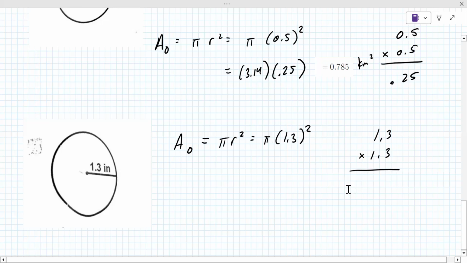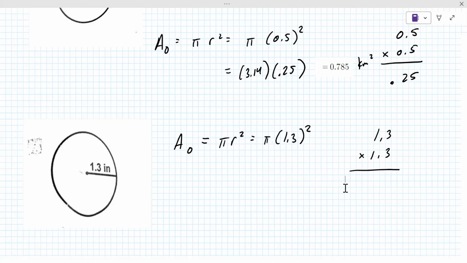Okay, so go ahead and try that for me, please. 1.69. I agree, 1.69. So the area of the circle here is going to be 3.14 times the 1.69.